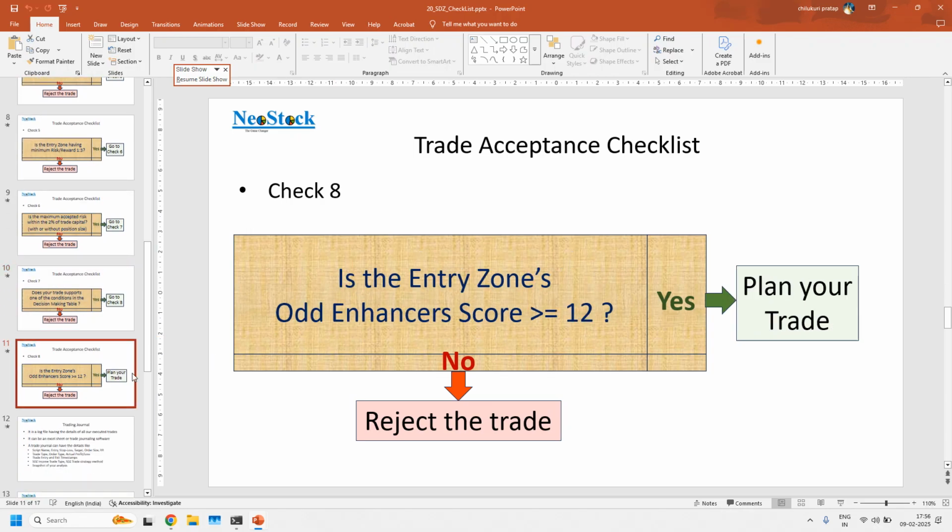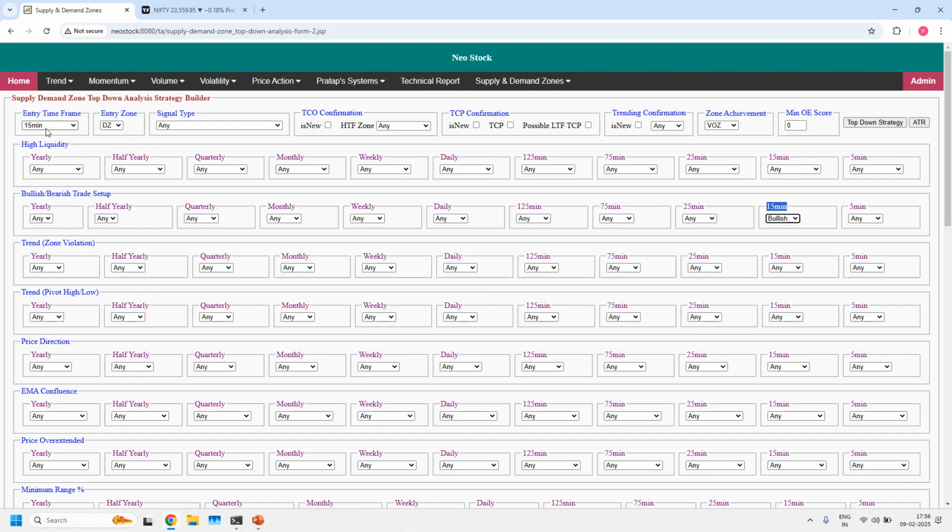What about the last, checklist 8? Is the entry zone odd enhance score greater than or equal to 12 or not? If it is not greater than or equal to 12, reject the trade. To which zone do we have to apply it? The entry zone. What is our entry zone? The 15 minutes demand zone. For this 15 minutes demand zone, look into the filter, minimum odd enhance score 12, I am applying.